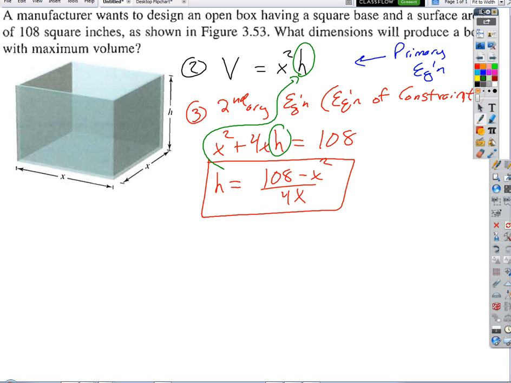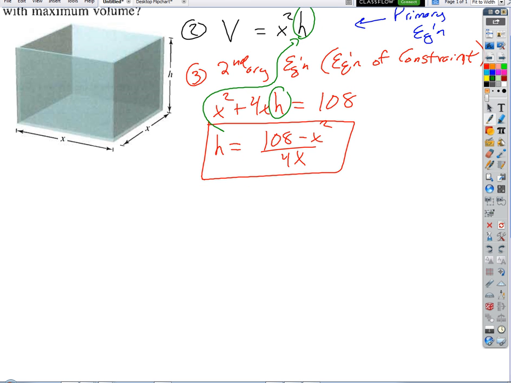So now, what do we end up with? If we go back to our primary equation, we end up with v of, what variable are we going to be left with? X. And I'm going to write it that way, v of x is equal to x squared times that, right?